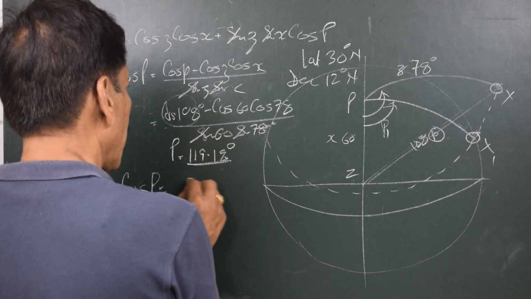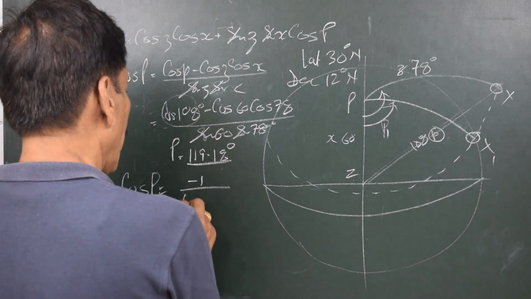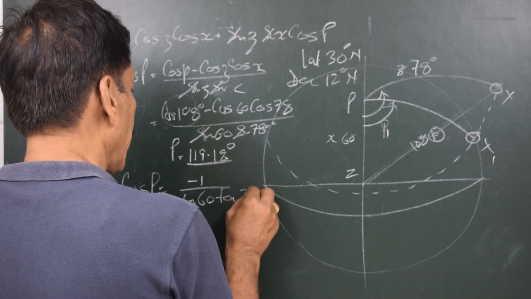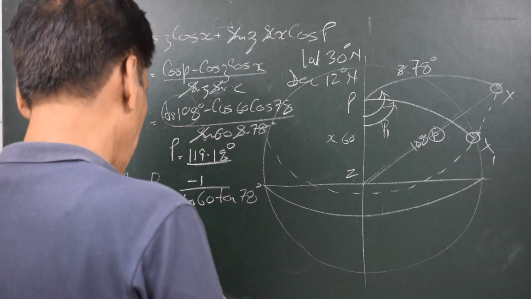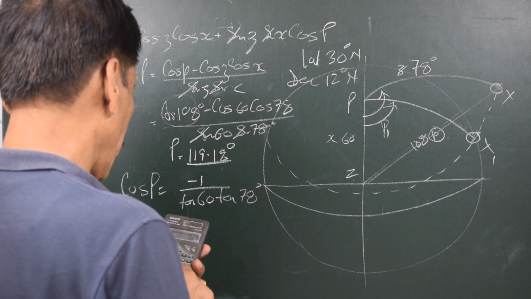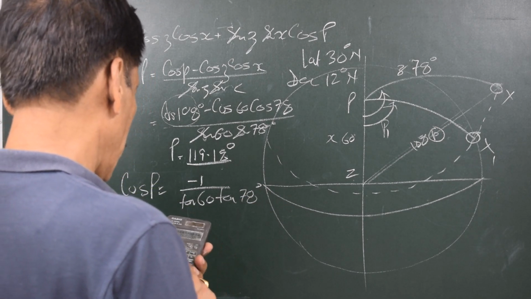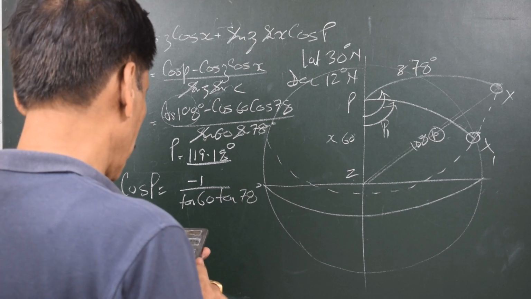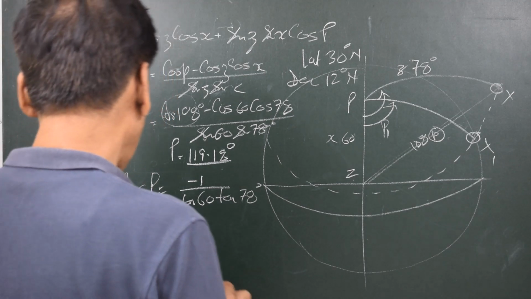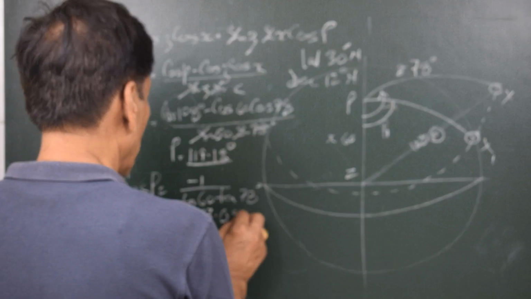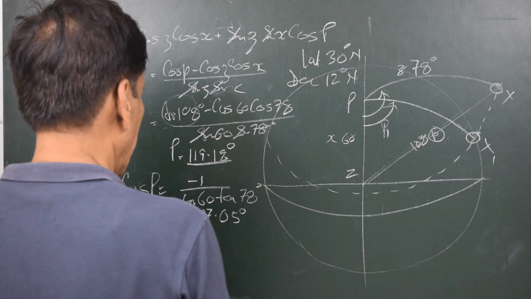So this can be written as minus 1 divided by tan 60 tan 78 degrees, which gives me 97.05 degrees.